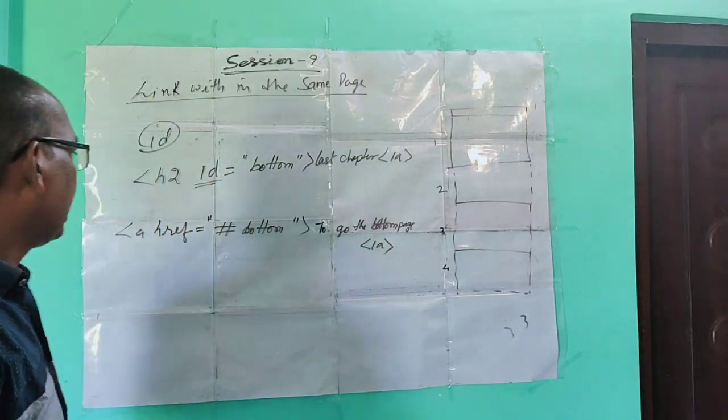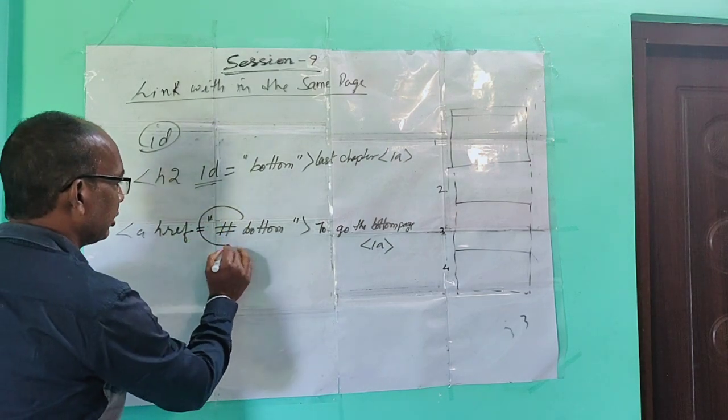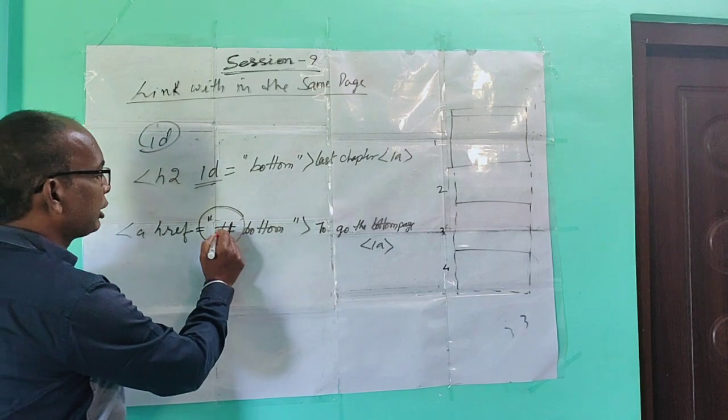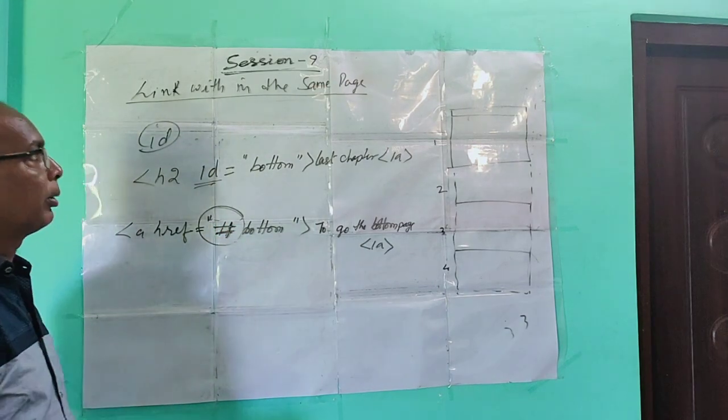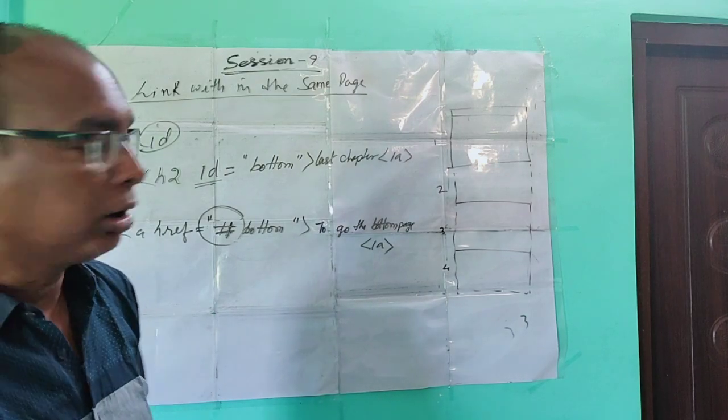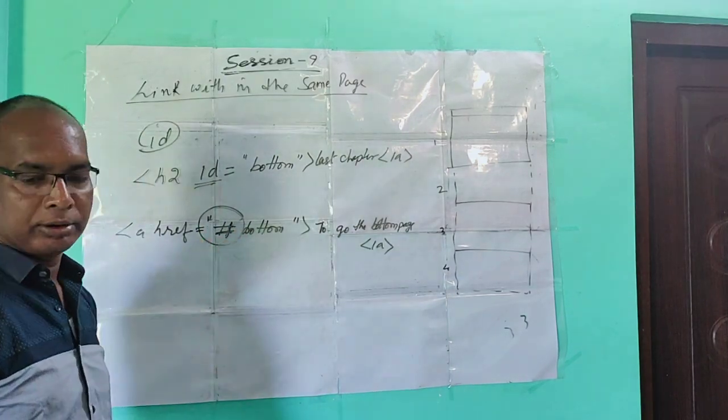Okay, see here I am using one sign. When we link within the same page, this sign must be given in your document. Otherwise, you cannot link within the same page. This is called a named anchor.